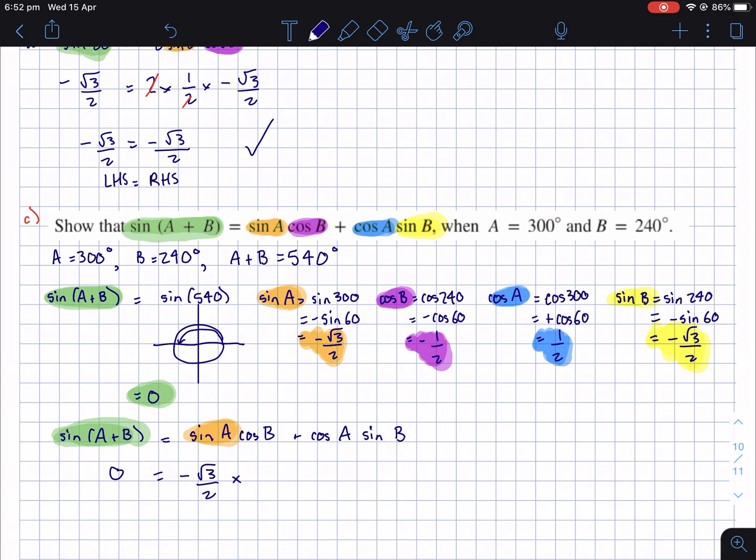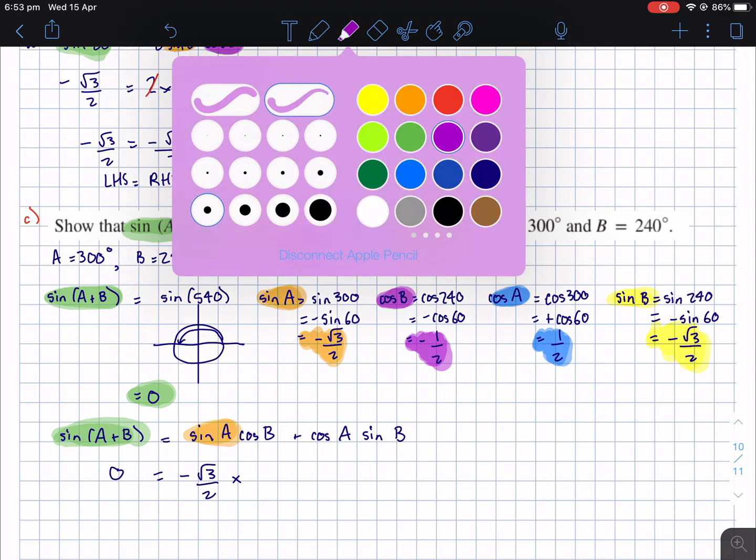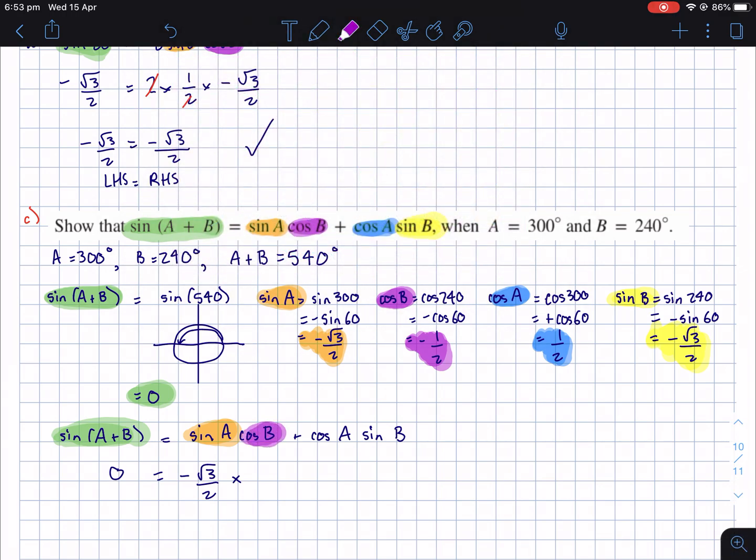We're timesing it by cos B, which was negative a half, plus cos A, which was positive a half, times sine B, negative root 3 on 2.